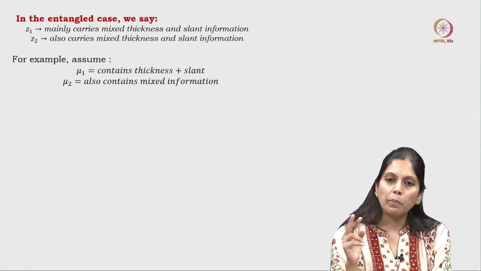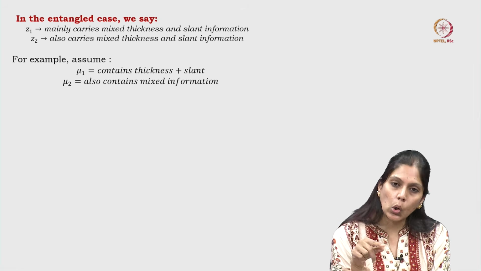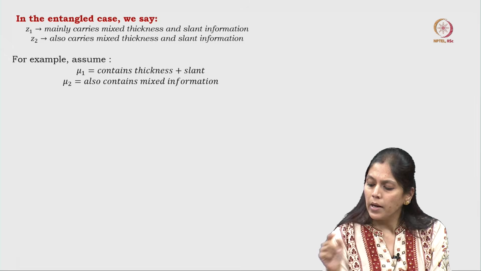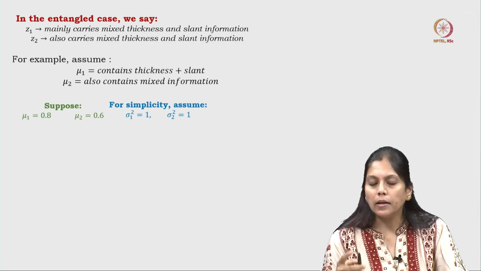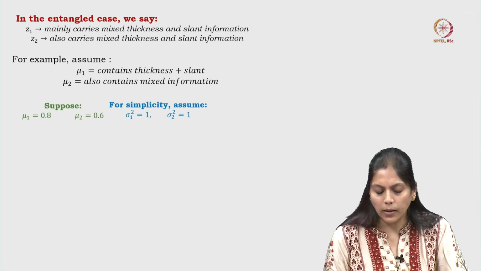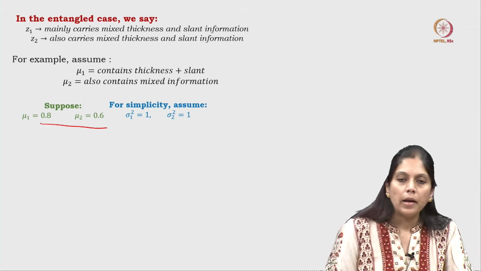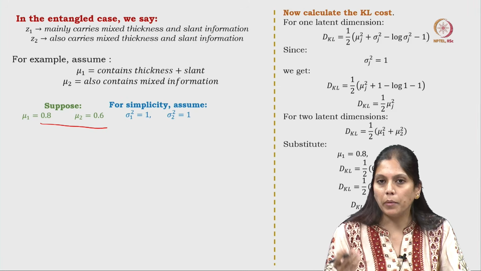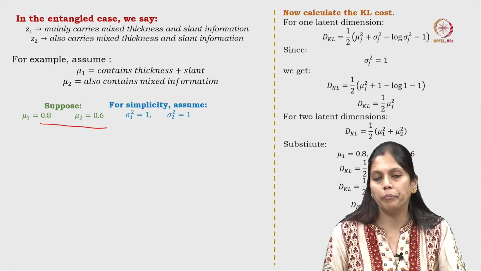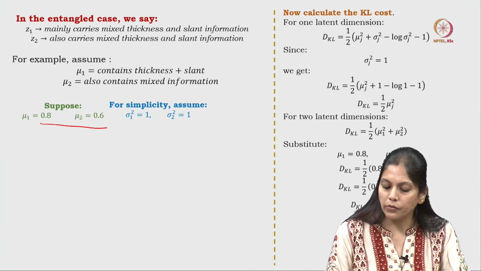If Z2 is a combination of both, then mean 2 also should be a combination of both. If that is the case, definitely the value will be higher. Look at this, the value will be higher. If the value is higher, can we see what our KL divergence value will be?